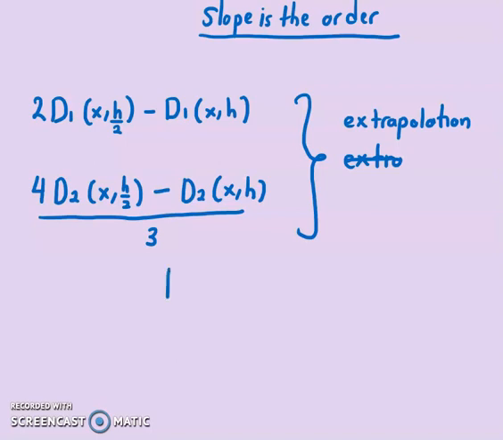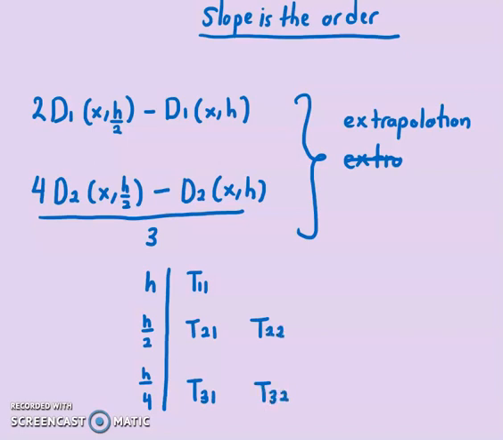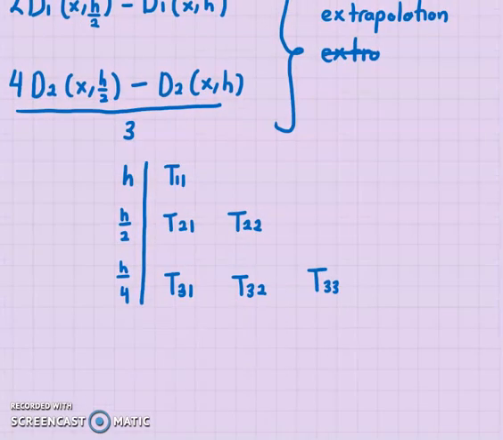So if I have a table here, with h, h over 2, h over 4, I can start with T11, T21, T31. This is T22, T32, and I can even go further. Okay, so this is the extrapolation formula.